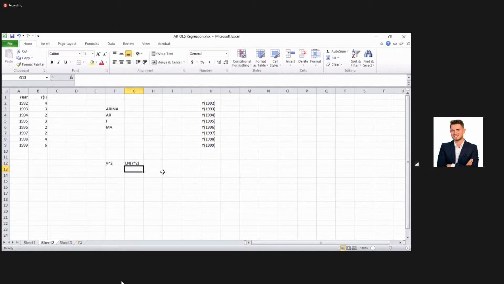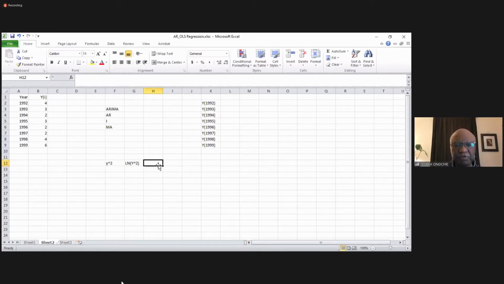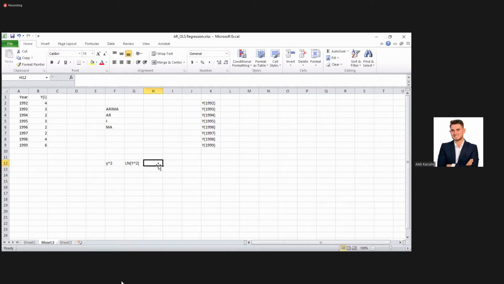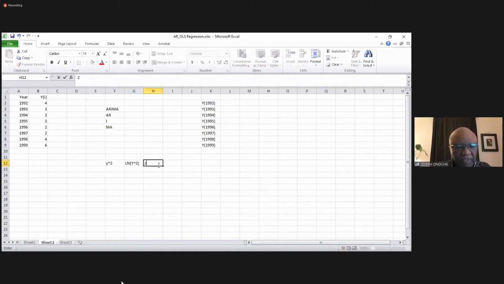What is natural log of y squared? It's 2 times natural log of y. I just made it linear. So the original process is non-linear. I hit it with logarithm. I make it linear.